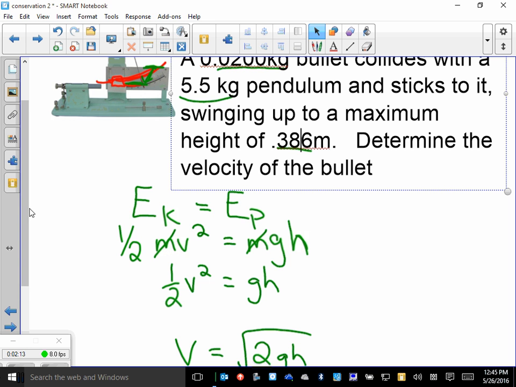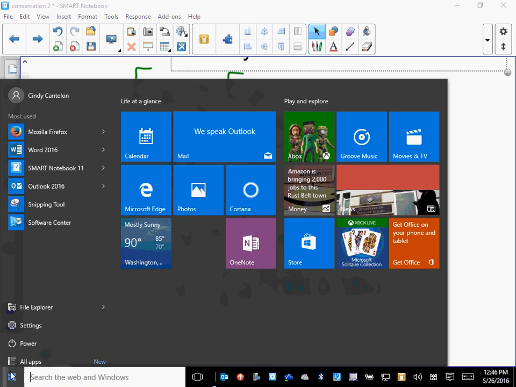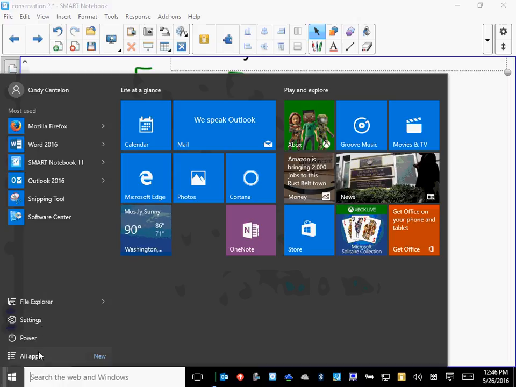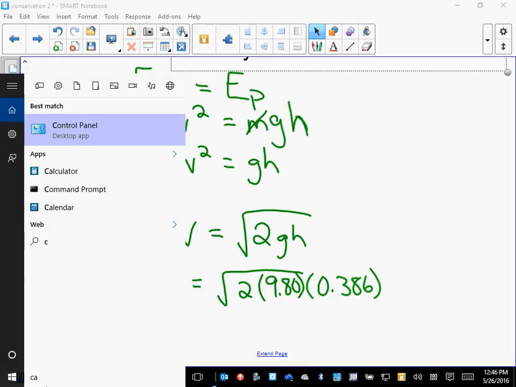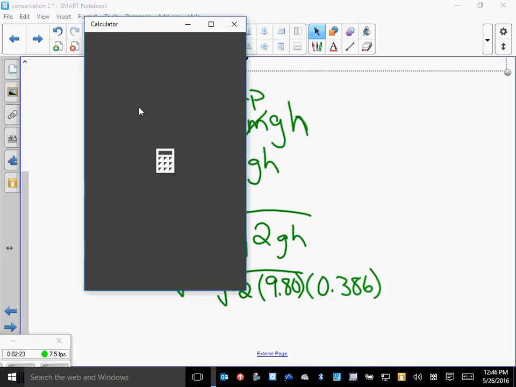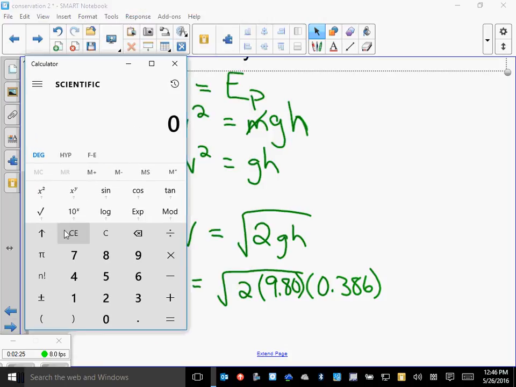Okay, and now we're going to need a calculator. So we need the square root of 2 times 9.8 times 0.386, and the square root of 0.75656 is 2.75.